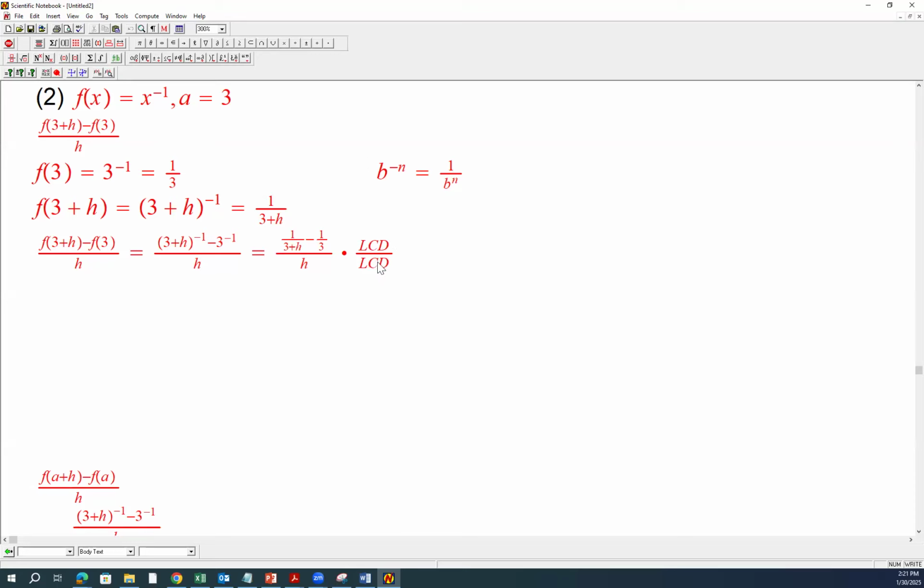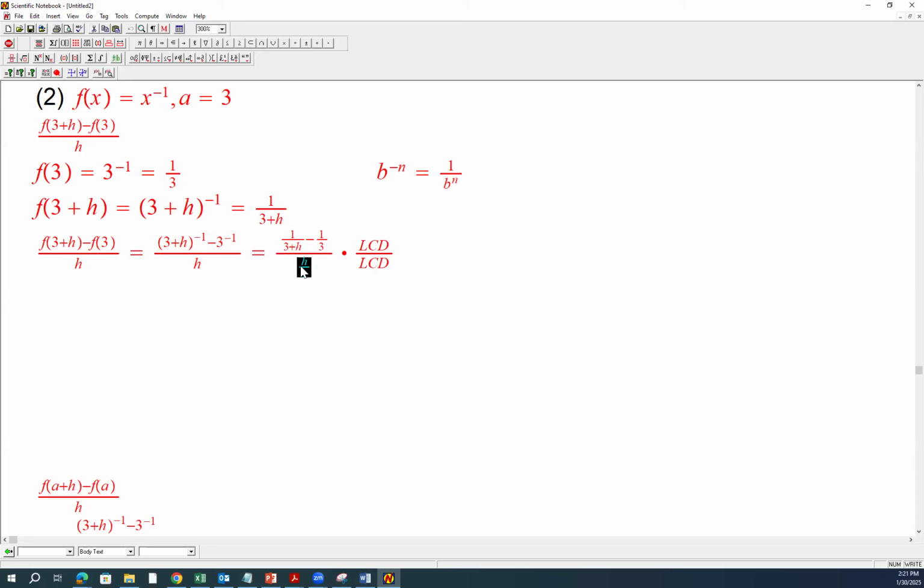But what is the LCD? When we have one fraction, two fractions, well, you can see the denominator as a fraction, which is h over 1. So the really significant denominators will be just 3 plus h and 3.